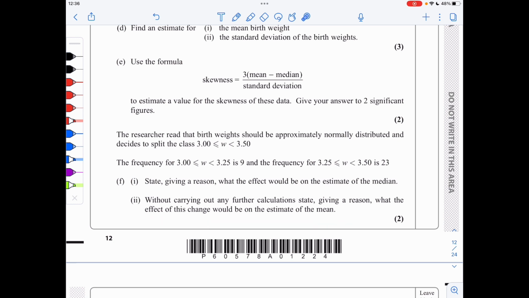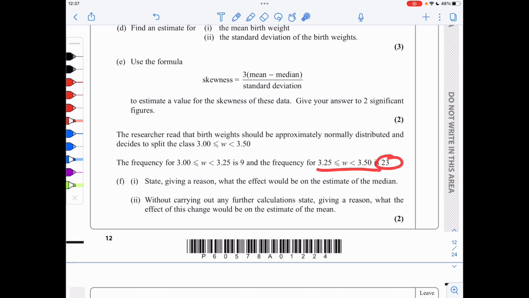So first of all, we originally had 32 observations between 3 and 3.5, and we see that we've got 9 of them between 3 and 3.25 and 23 of them between 3.25 and 3.5.